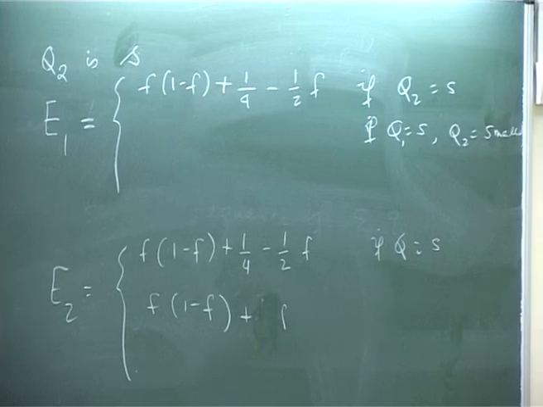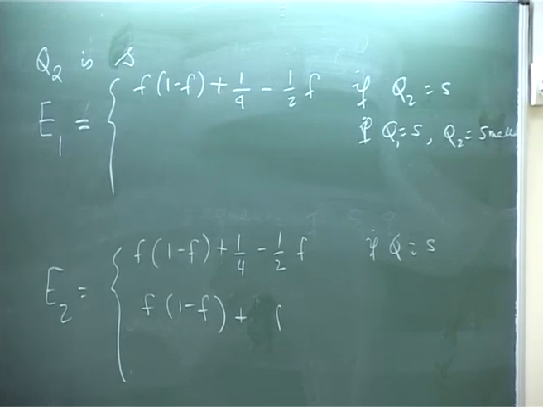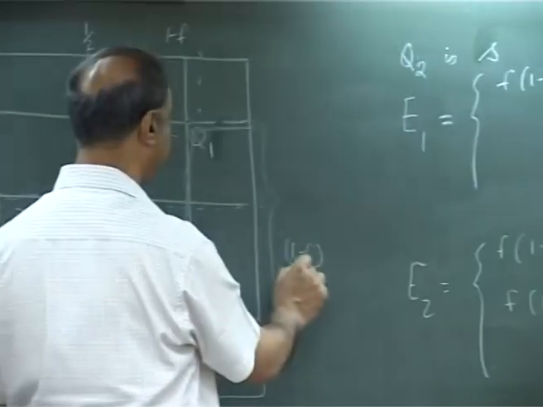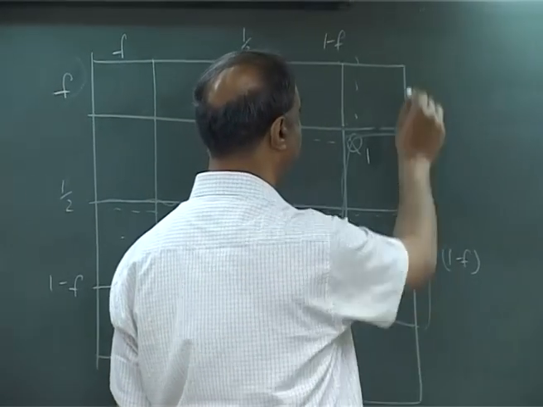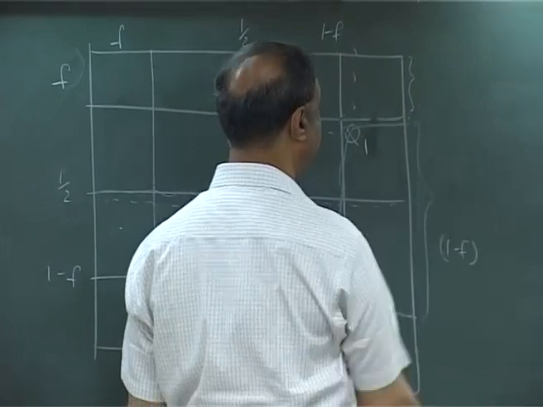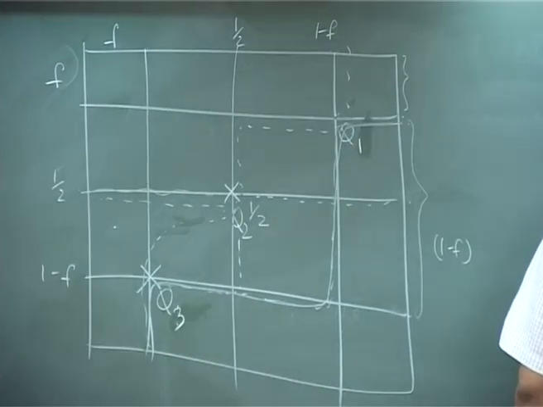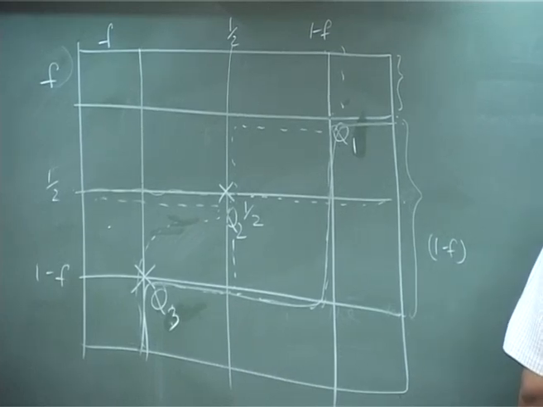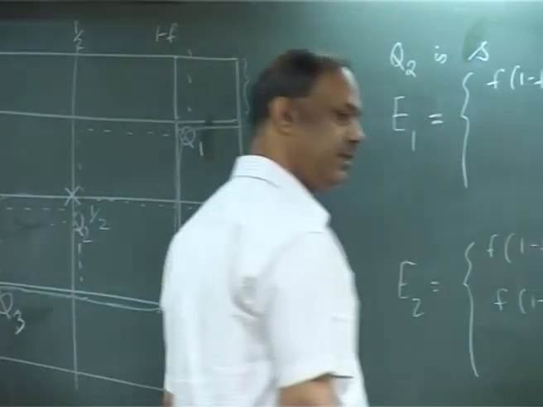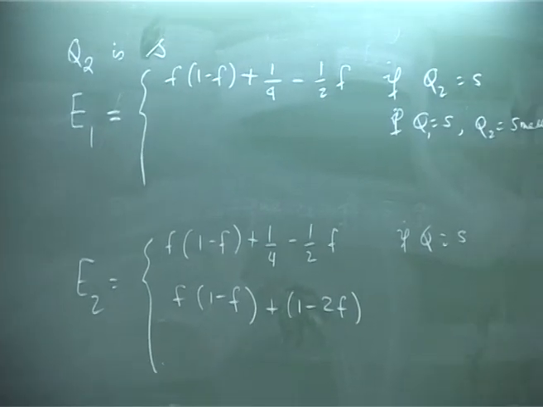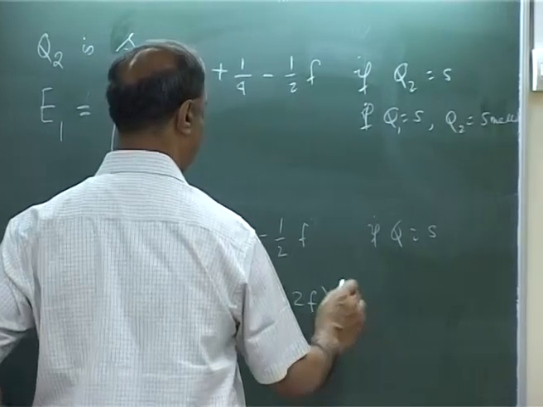Okay. Or I know this much, 1 minus f, 1 minus f minus f. So 1 minus twice f. Yes. Into f.